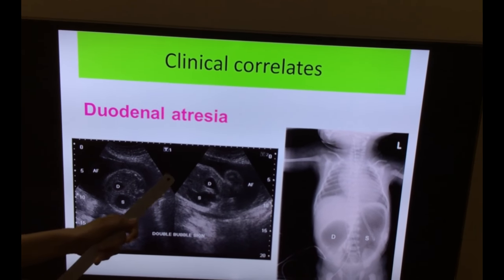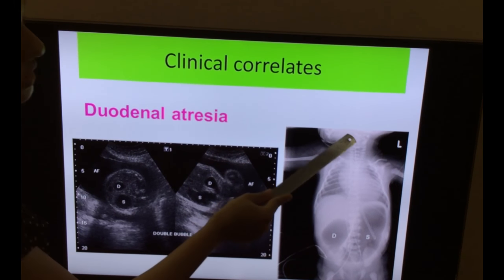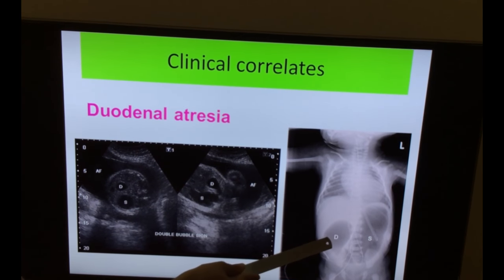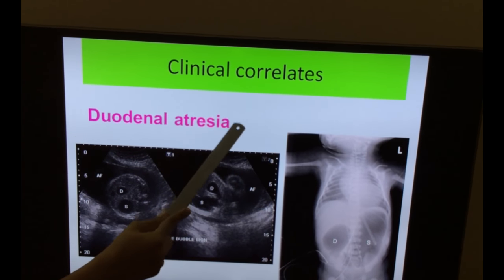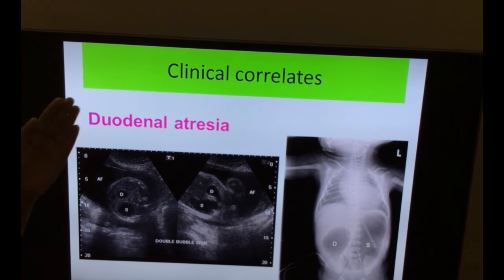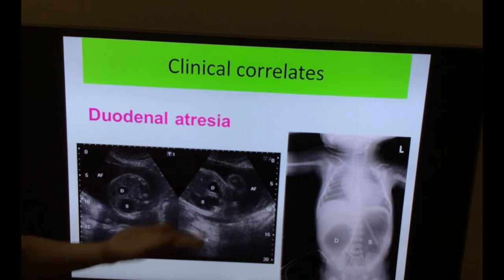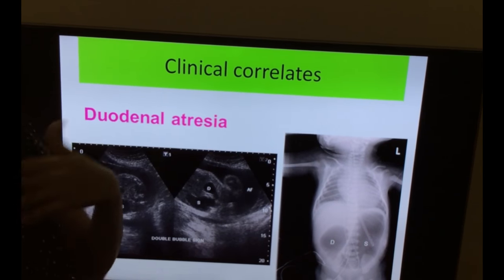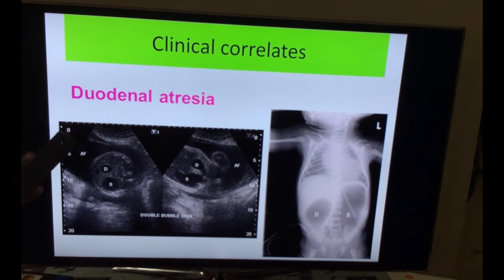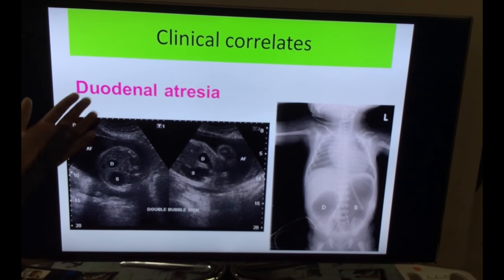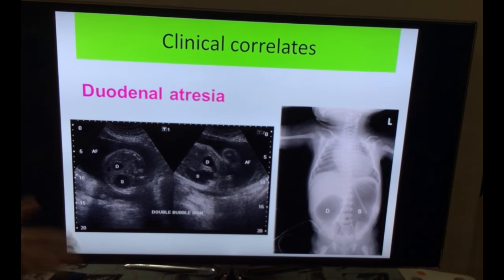But here, since the atresia is in the duodenal region, the food particles take time to reach the duodenum. Once there is atresia there, then the vomiting occurs. So there is a time gap between the swallowing of the food and the vomiting. There won't be projectile or forceful immediate vomiting in duodenal atresia. These are some of the signs where you can differentiate whether it is pyloric stenosis or duodenal atresia.